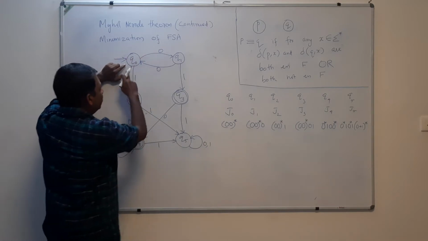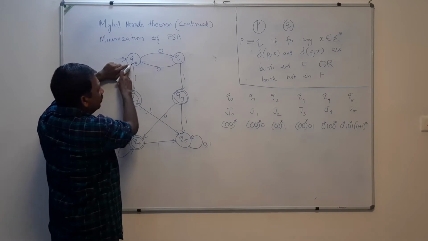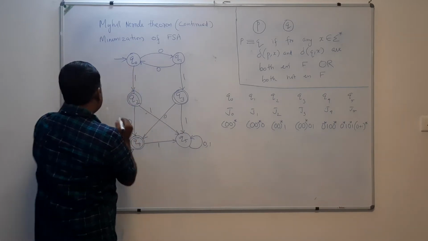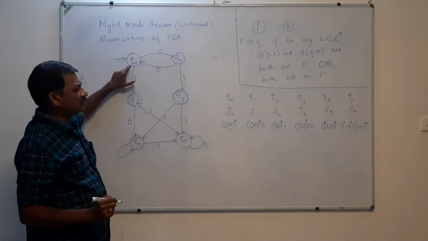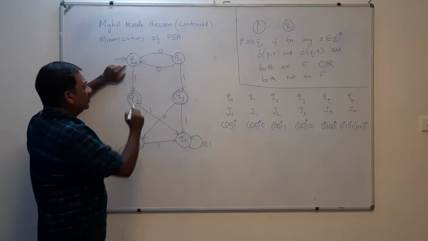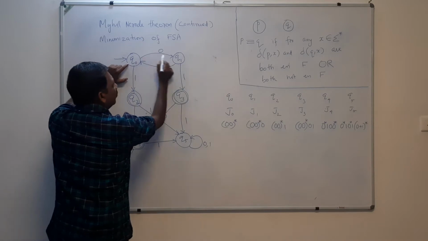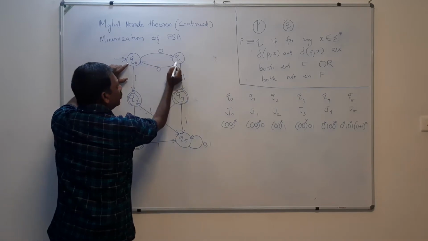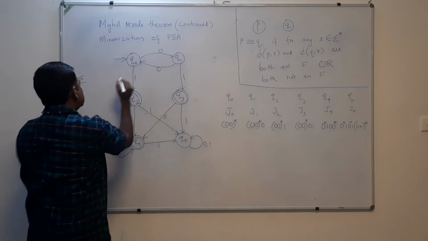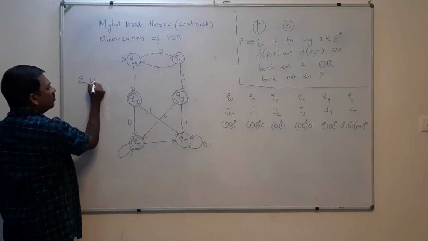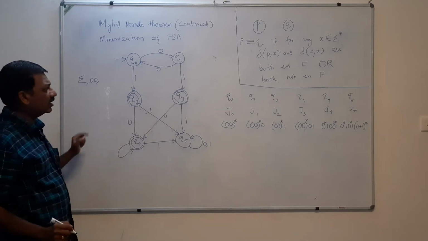For example, starting from Q0, with epsilon, without reading an input symbol, you reach Q0. On the first 0 you go to Q1, and on the second 0 you come back to Q0. That means 0 0 is the next input string.